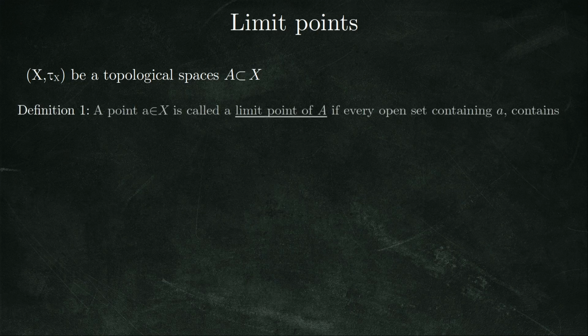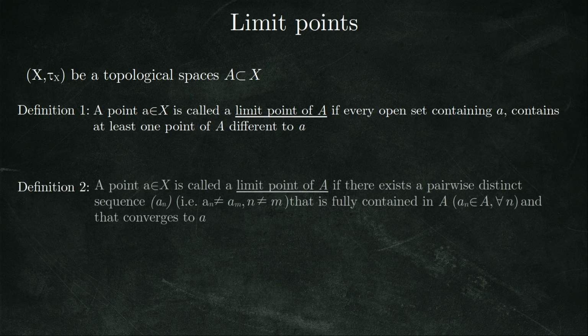The first one is that a point a in X is a limit point of A if every open set containing a contains at least one point of the set A different to the point a. And the second definition is a is called a limit point of the set A if there exists a pairwise distinct sequence that is fully contained in A and that converges to a.